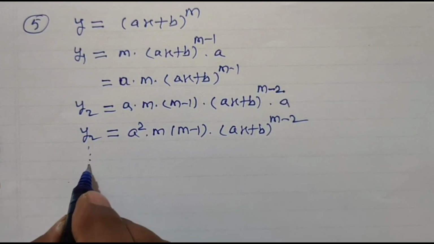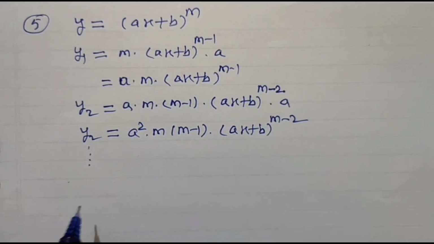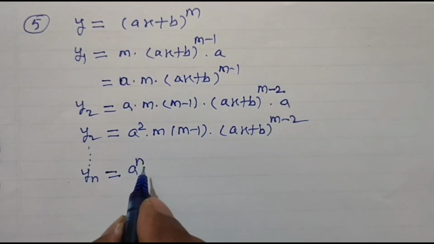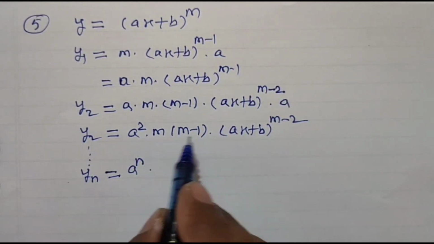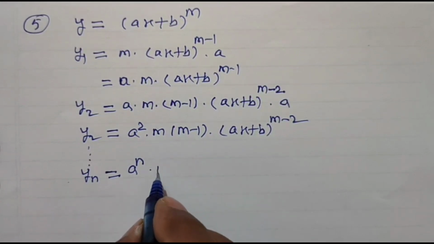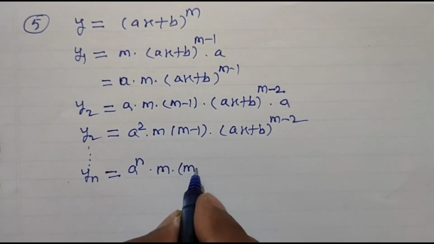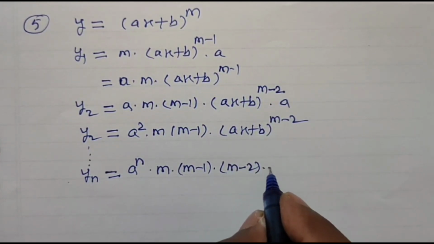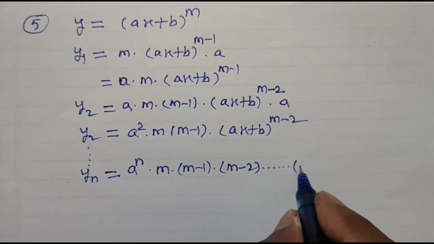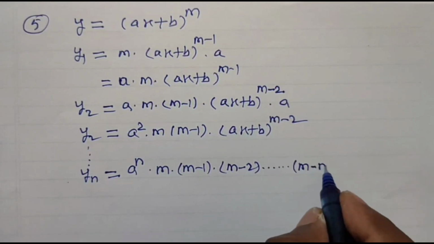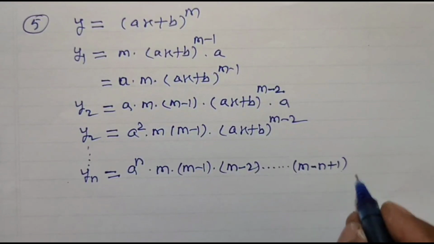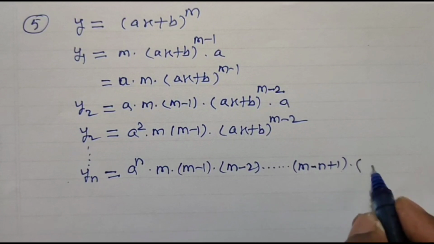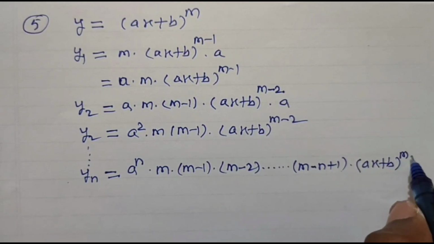Then we can find its nth derivative, the general form: yn is equal to a to the power n, replacing 2 by n. How many factors are required? n factors. So m is the first factor, m minus 1 the second factor, the third factor will be m minus 2, and the last factor, the nth factor, will be m minus n plus 1, and then (ax + b) to the power m minus n.